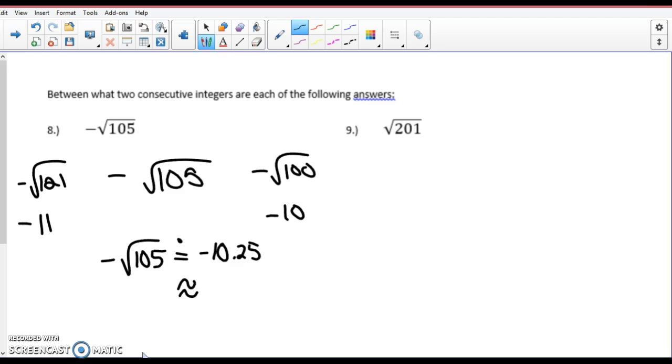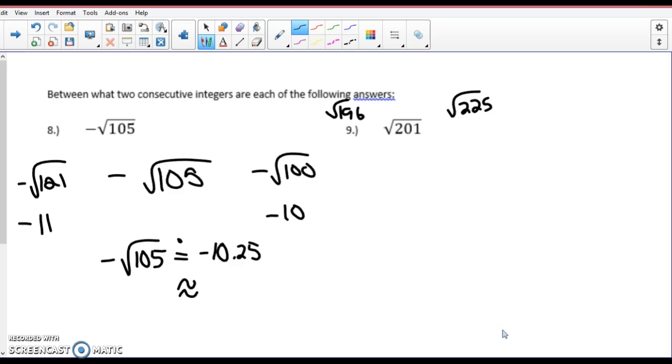All right, now, square root of 201. What two perfect squares is that between? Casey? The square root of 196 and the square root of 225. If you know your perfect squares, this is going to be a lot easier on you.